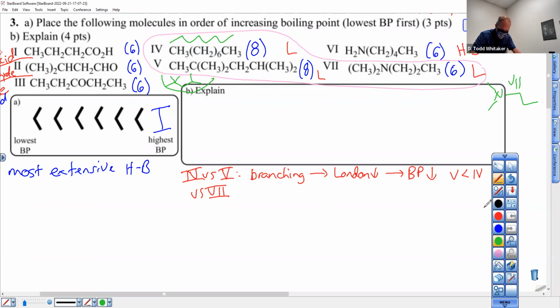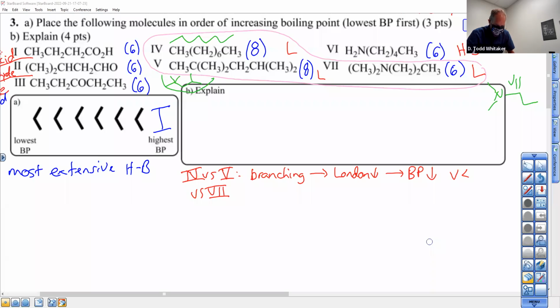So we can be a little more specific on this. The most branched was V, and VII only had 1 branch. And the unbranched was IV. Extensive branch.